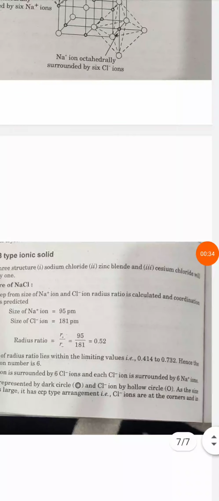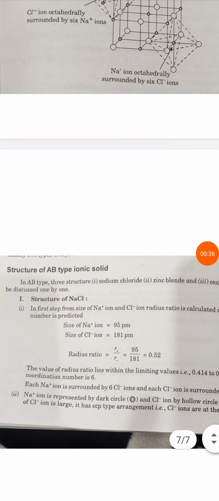In the first step, from the size of Na+ ion and chloride ion, the radius ratio is calculated and the coordination number is predicted. The size of Na+ ion is 95 picometer and the size of chloride ion is 181 picometer. Then the radius ratio, that is radius of cation divided by radius of anion, is 0.52.